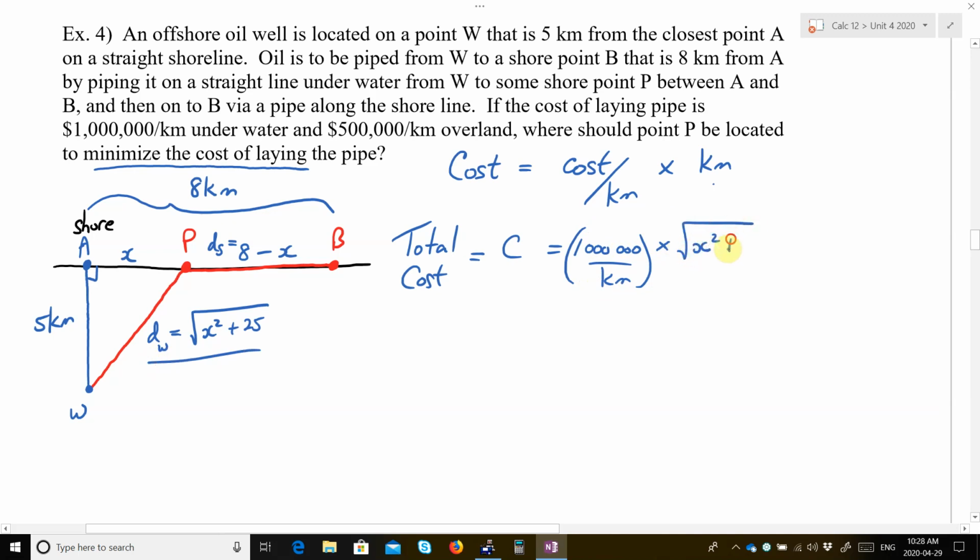Square root of X squared plus 25. Plus it is $500,000 per kilometer times the distance that the oil has to be piped along the shore, which is this, 8 minus X.